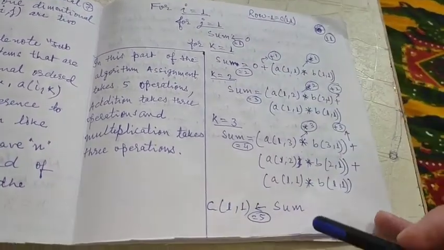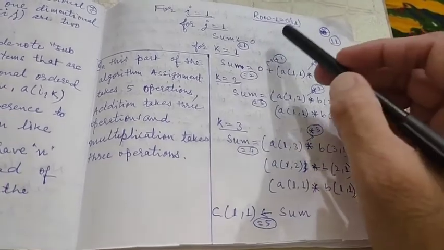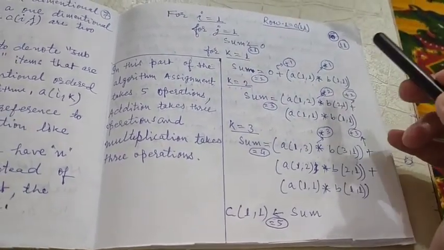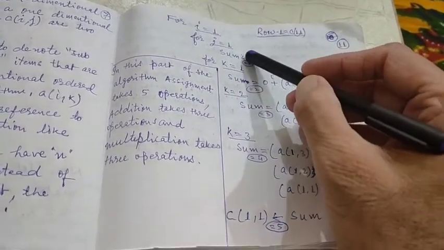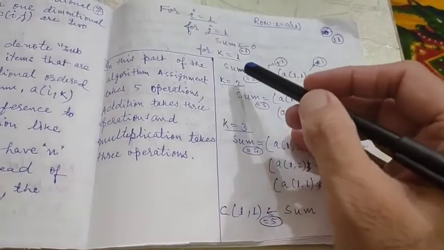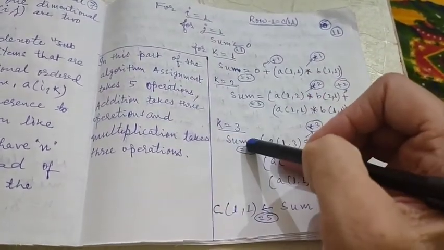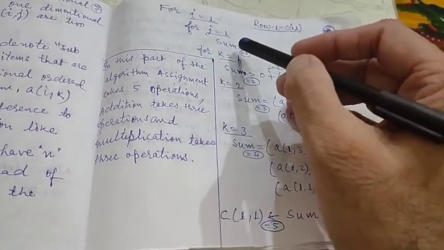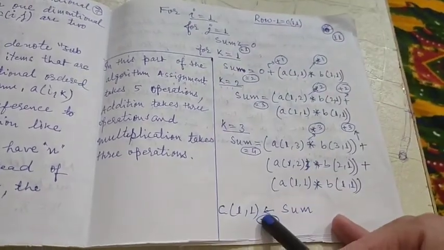There are 9 parts of this, starting from C11 to C33. There are 9 elements. So 9 initialization, 9 transfers, and 9 into 3, 27. So 27 plus 9 plus 9.